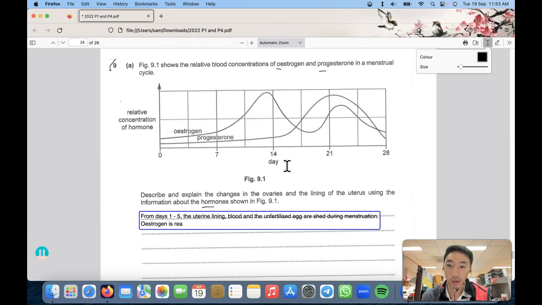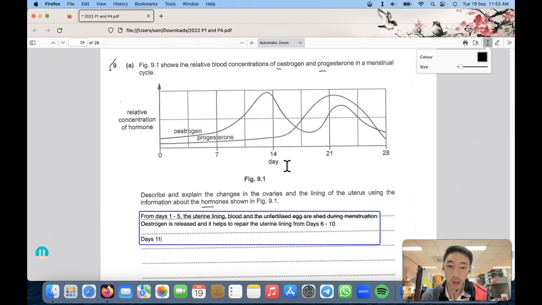Estrogen is released and it helps to repair the uterine lining from days 6 to 10.